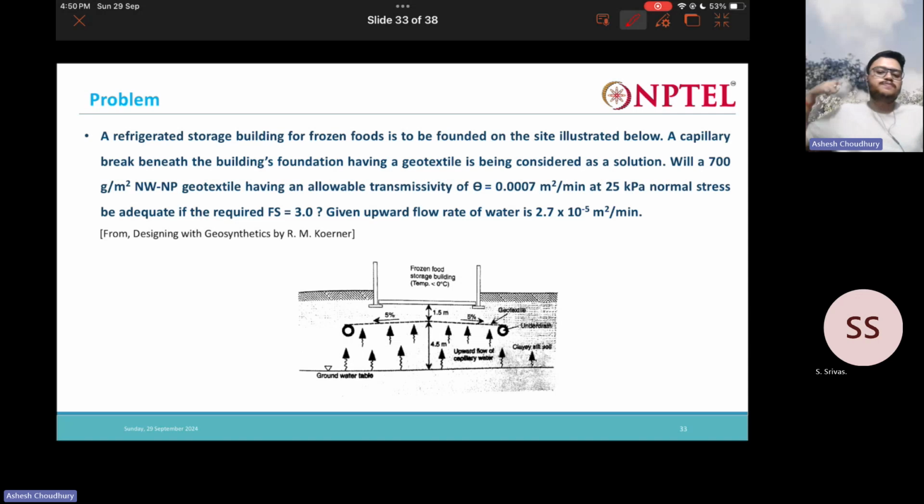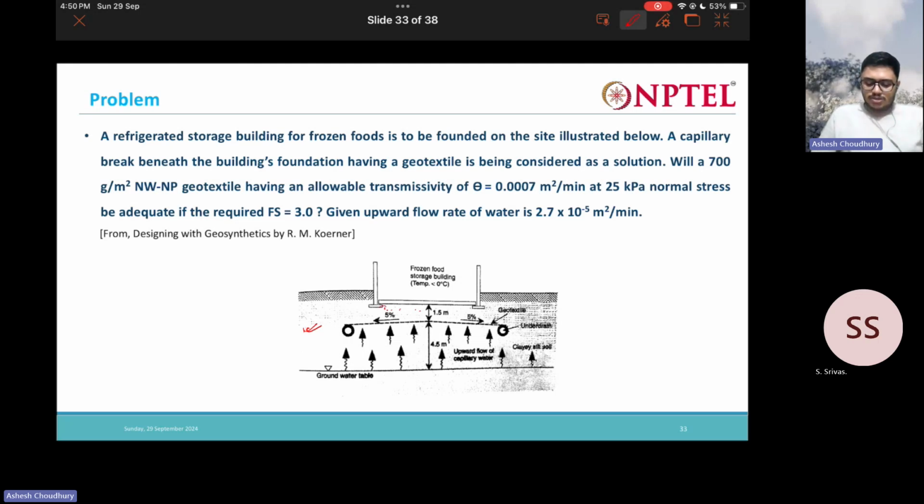So what happens? There is a tendency of capillary rise in the soil. The upward flow of water is due to capillarity. Water is rising from bottom to top at the rate of 2.7 times 10 to the power minus 5 meter squared per minute. What happens if you do not provide this capillary break in between? The water will come up, and this is a frozen food building, so this is a very cold place.